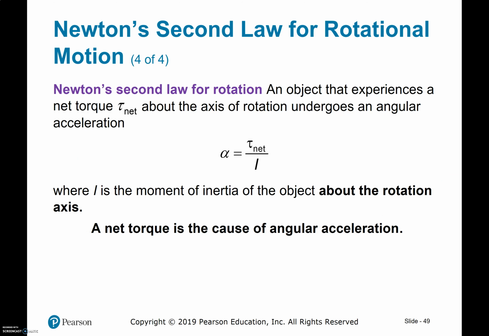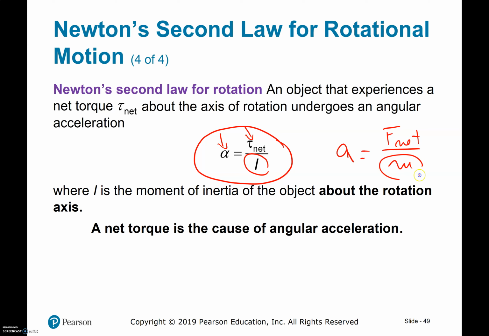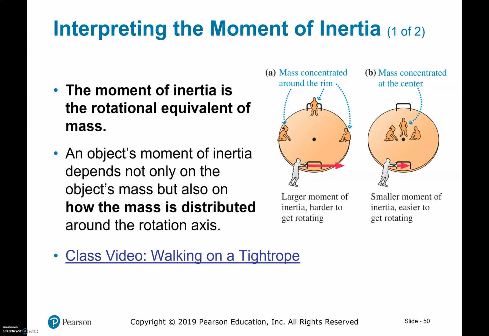And then we are now ready to write Newton's second law for rotation, which is the angular acceleration is equal to the net torque divided by the moment of inertia. So that's equivalent to a is equal to F net divided by m. M plays the same role as I in this equation here.